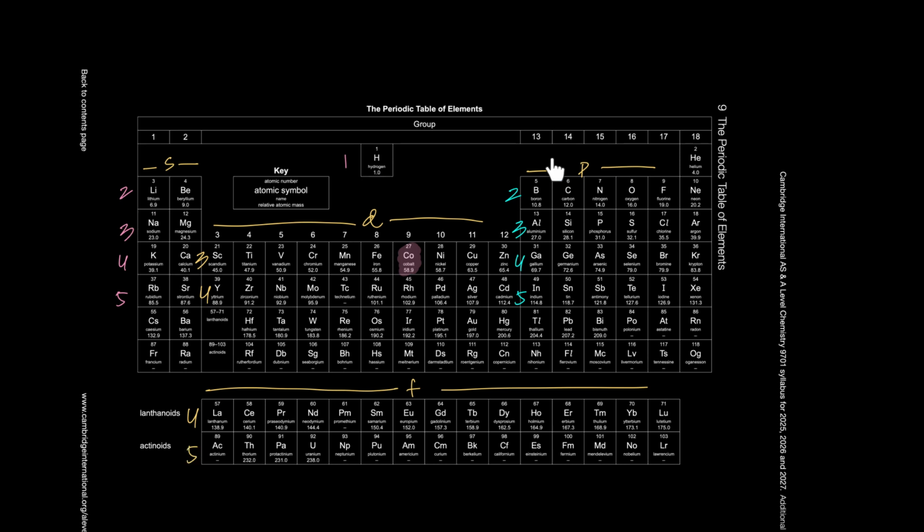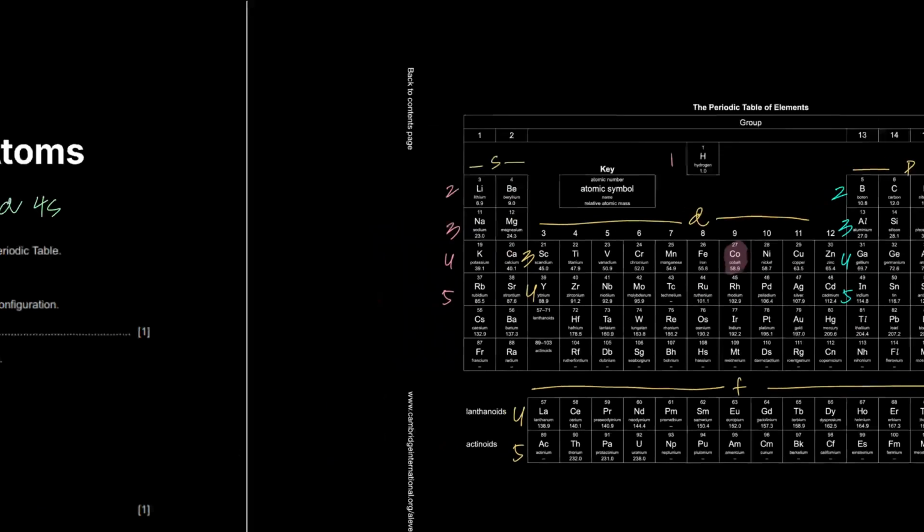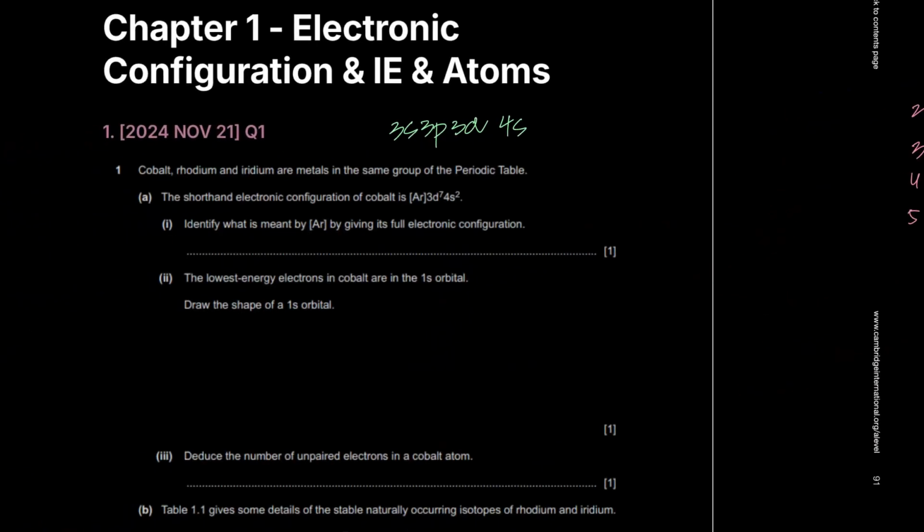So what's the electronic configuration of argon? That's 1s2, 2s2, 2p6, 3s2, and 3p6. Let's write it down. 1s2, 2s2, 2p6, 3s2, 3p6. That's what Ar in brackets actually means.